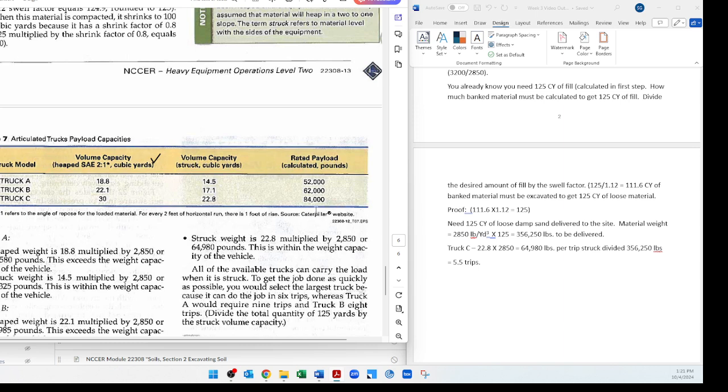Now, here are the weight capacities, the rated payload. So if we have 22.8 cubic yards and we multiply it times 2,850 per yard, what does that give us?